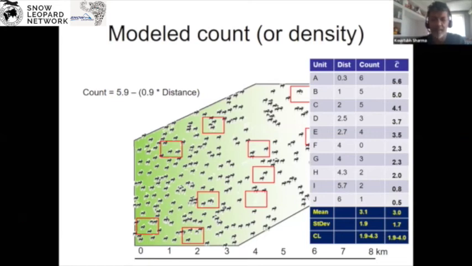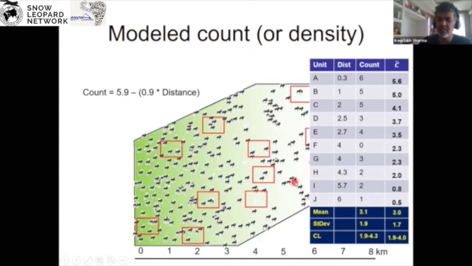Now, what we are able to say here, in addition to just telling that this is the density or the total abundance of the animal of interest in this study area, is we are able to provide some additional ecologically meaningful knowledge about the particular species. We are able to comment that water is an important resource for the species.